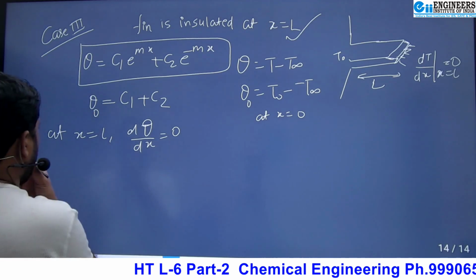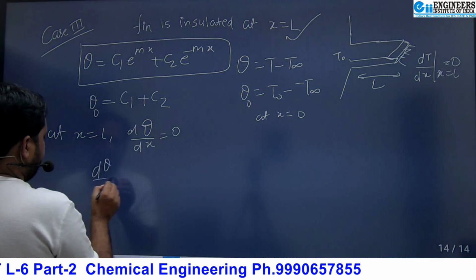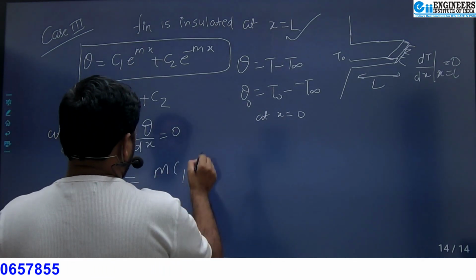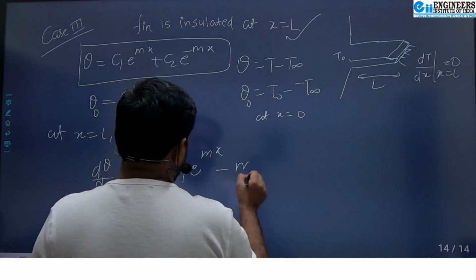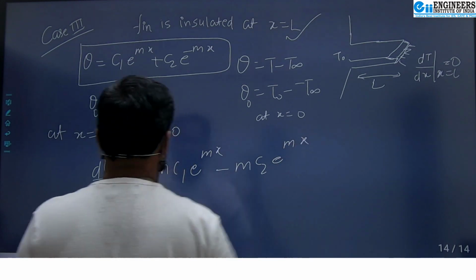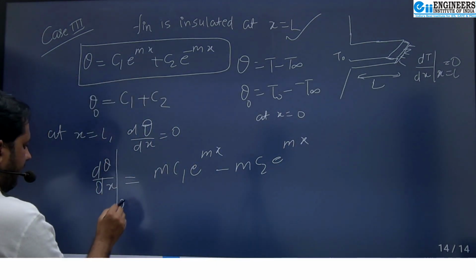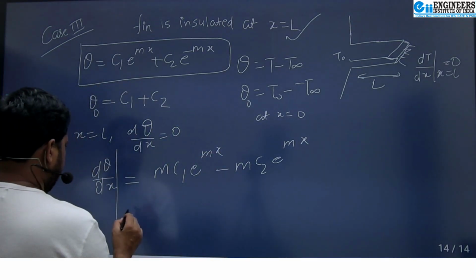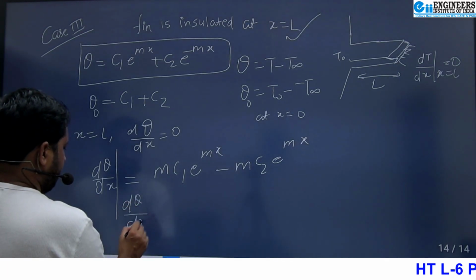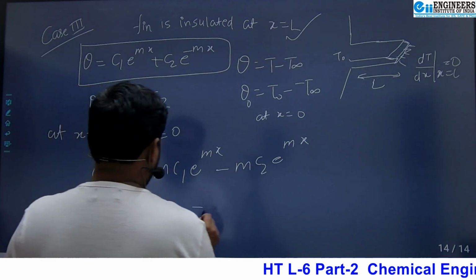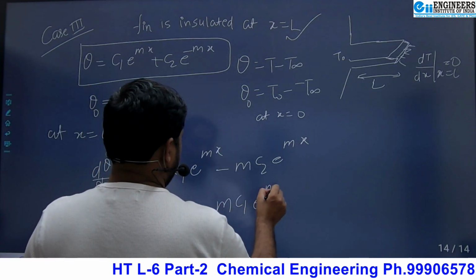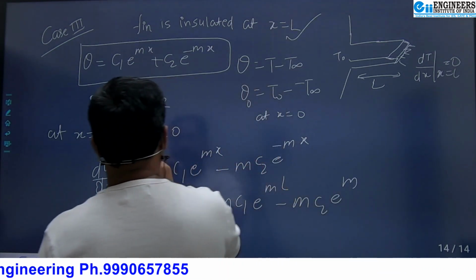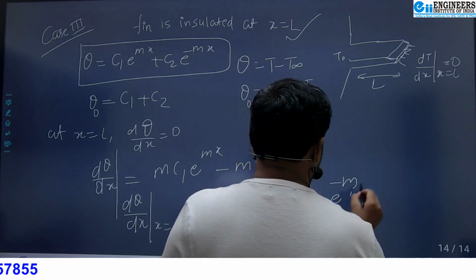Now differentiating it, d theta by dx, we will get m c1 e power mx minus m c2 e power minus mx. Now at x equal to L, this is replaced by L, so d theta by dx at x equal to L becomes m c1 e power ml minus m c2 e power minus ml equal to 0.